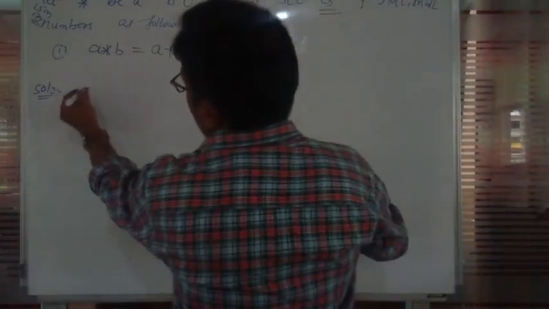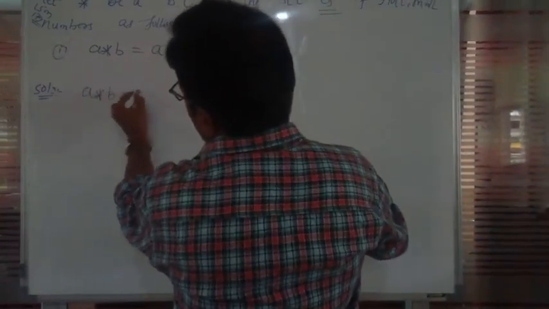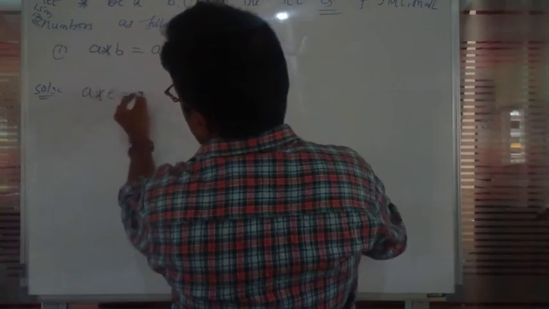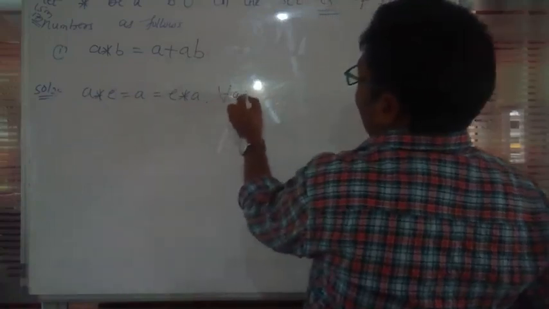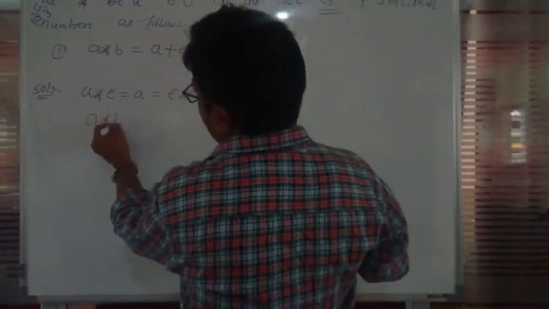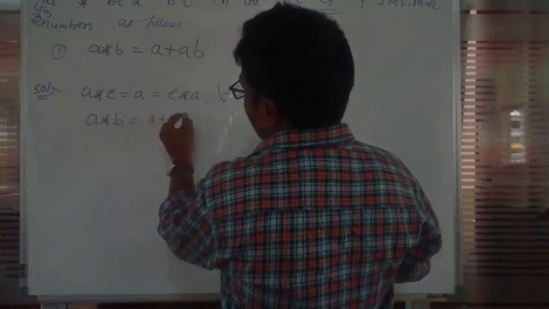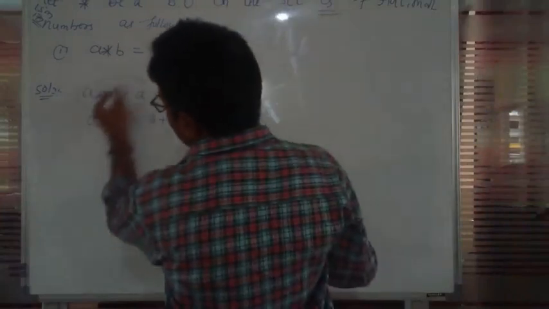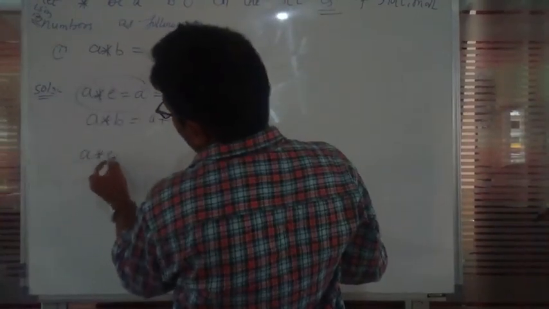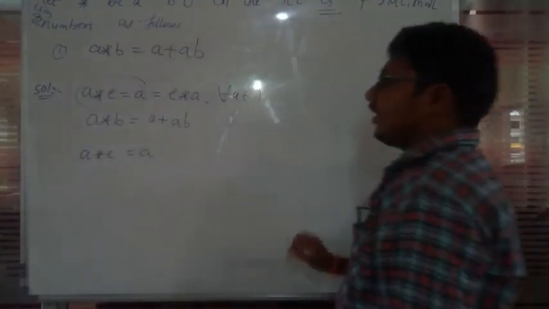So once again we will write what is the definition: A star E is equal to A, for all A belonging to the set A. Okay. So what is the given condition? A star B is equal to A plus AB. So I will take this one: A star E is equal to A.